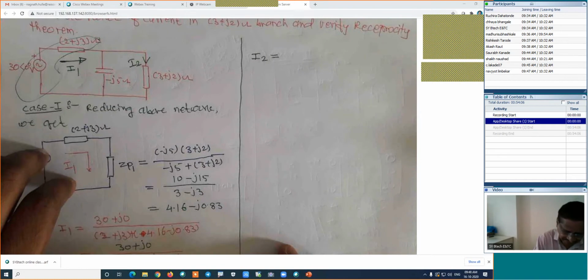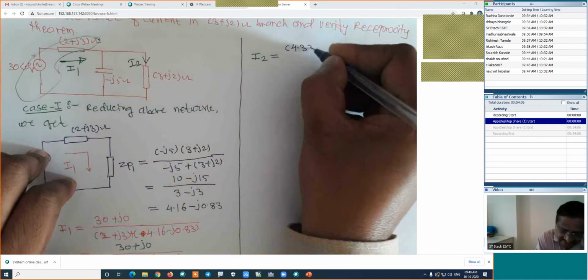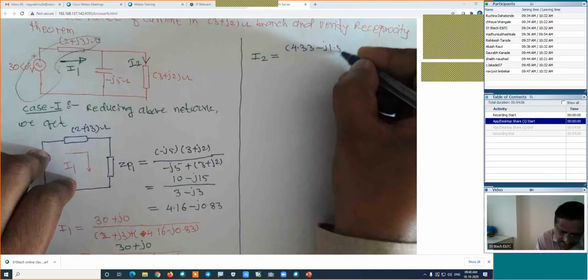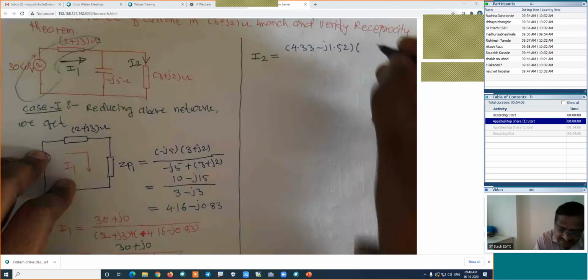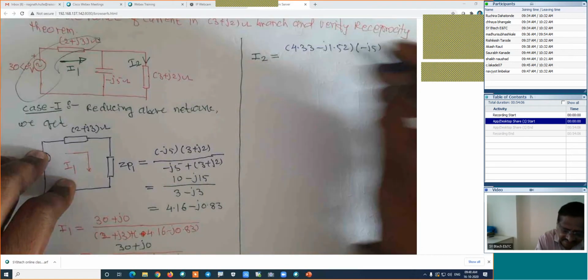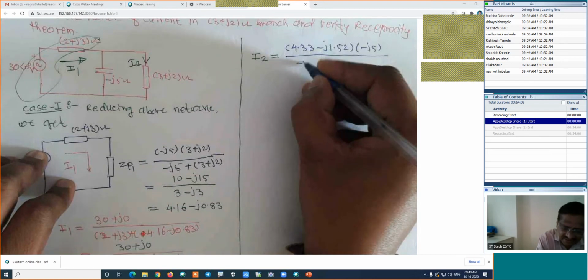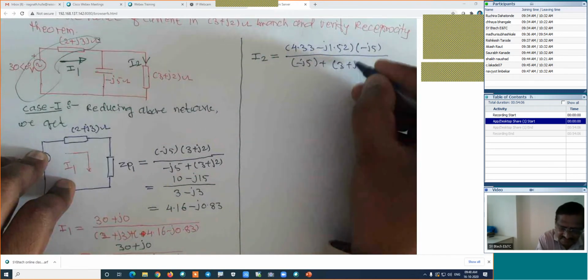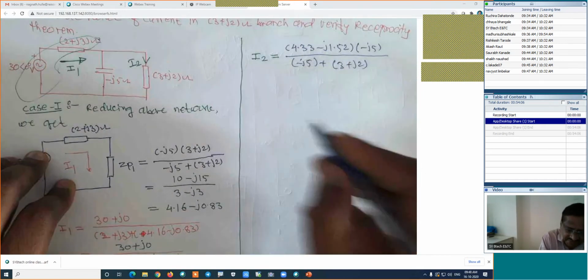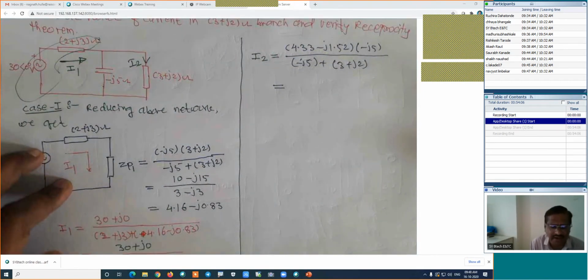The total current is 4.33 minus J1.52, into the impedance of the opposite branch, minus J5, divided by the impedance of both branches, minus J5 plus 3 plus J2. This will give the current in the required branch, and then we will take case 2 and verify this.